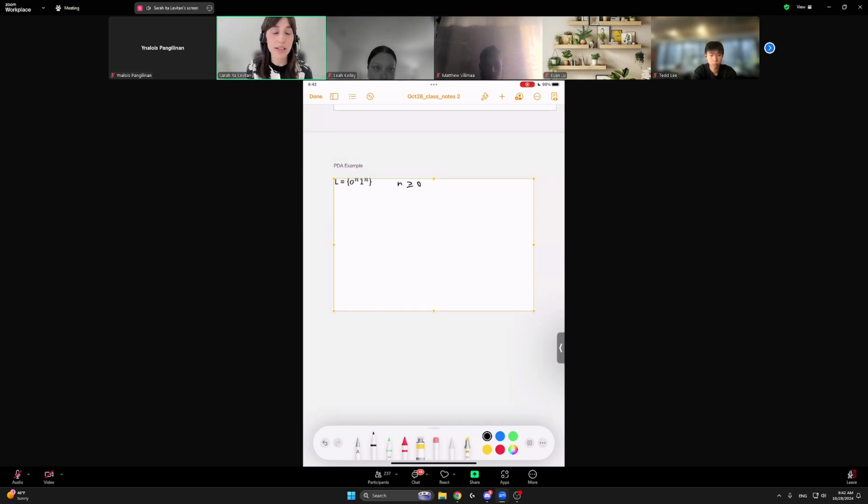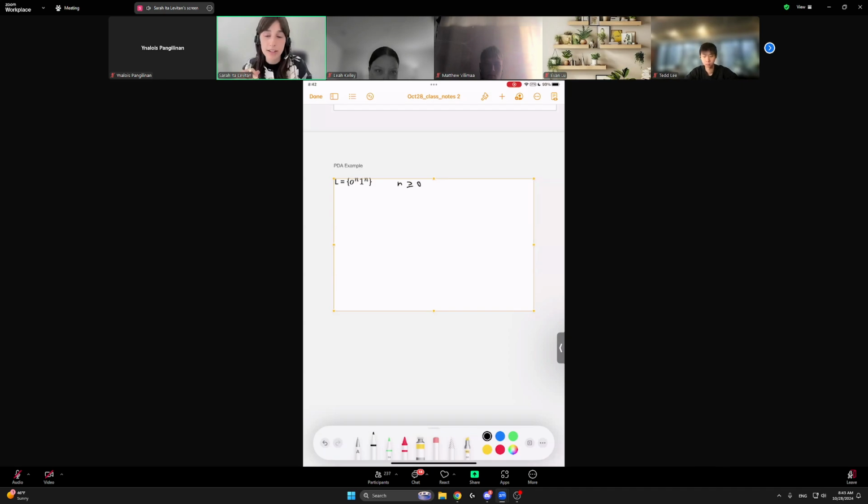So first, let's describe it informally, just the idea of it, the intuition, and then we'll formalize it with our formal definition. So imagine you have a string of zeros and ones, and you have a stack. How can you use the stack to check if the string is in this language?